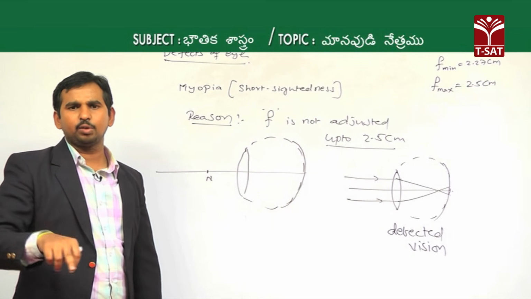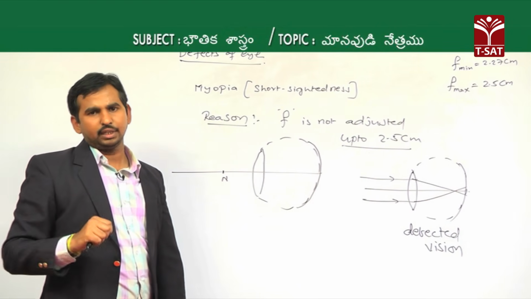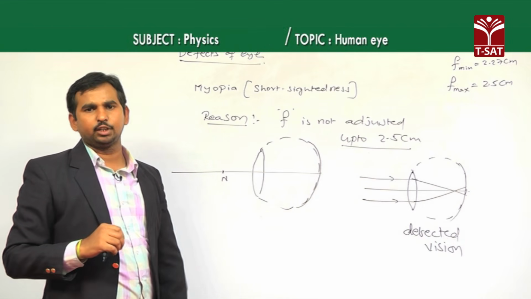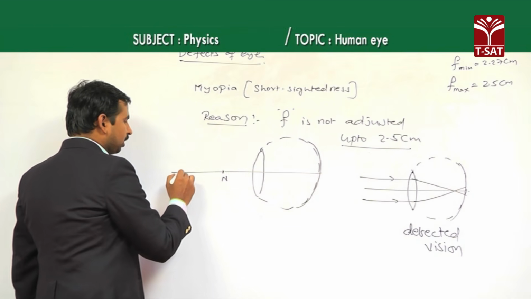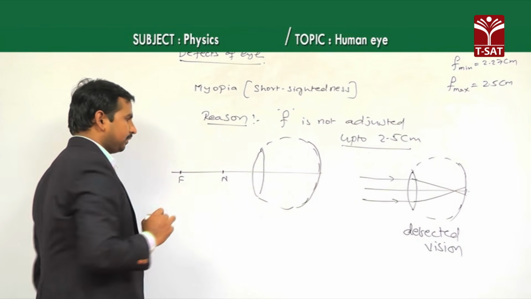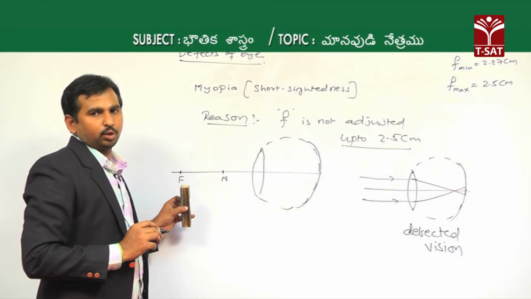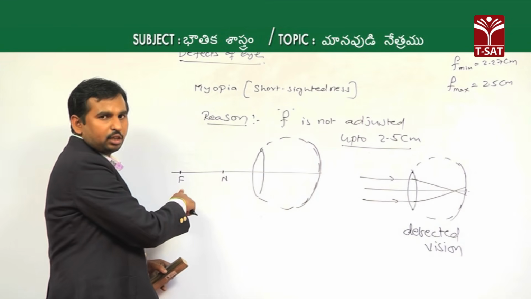We are having problem with far distant objects. Far distant objects means actually for infinite. The far point is not infinite for these myopia defected people. Actually you should have a fixed distance for that. Let us suppose that point is here, f, like this. So up to f they do not have any problem, means that maximum distance they can see without any defect is up to f.